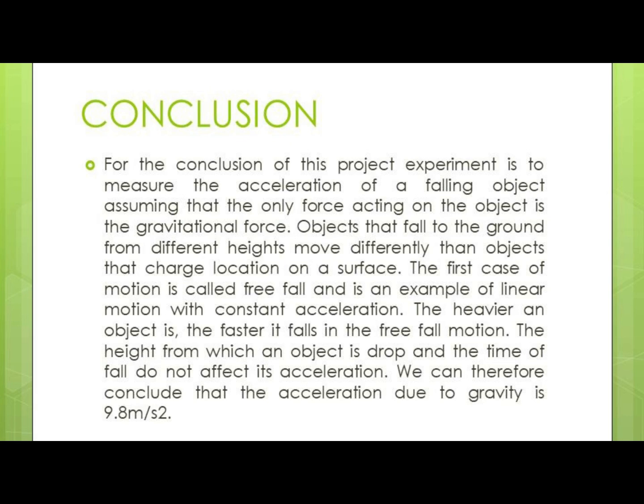The first case of motion is called free fall and is an example of linear motion with constant acceleration. The heavier an object is, the faster it falls in free fall motion. The height from which an object is dropped and the time of fall do not affect its acceleration. We can therefore conclude that the acceleration due to gravity is 9.8 meters per second squared.